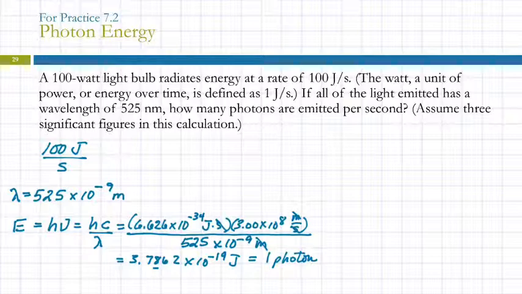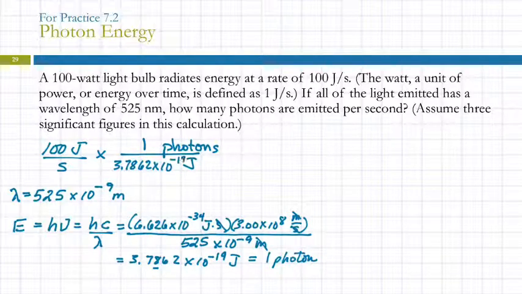Let's just do it this way. I've got 100 joules per second. I want to end up with photons per second. So I'm going to change joules into photons. One photon is equivalent to 3.7862 times 10 to the minus 19 joules. So I can change the joules into photons now. My units are photons per second.